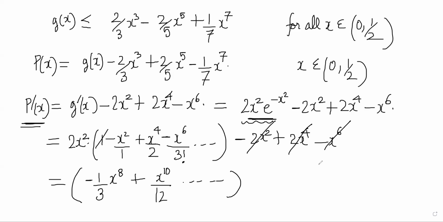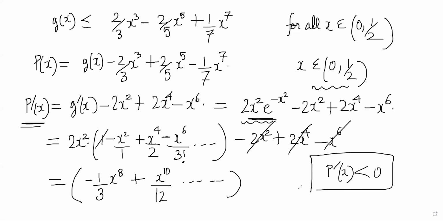And now clearly for x belonging to 0 to half, p dash x is less than 0. And if p dash x is less than 0, then p of x is a decreasing function. So if p of x is decreasing, we can say that p of x is less than p of 0.